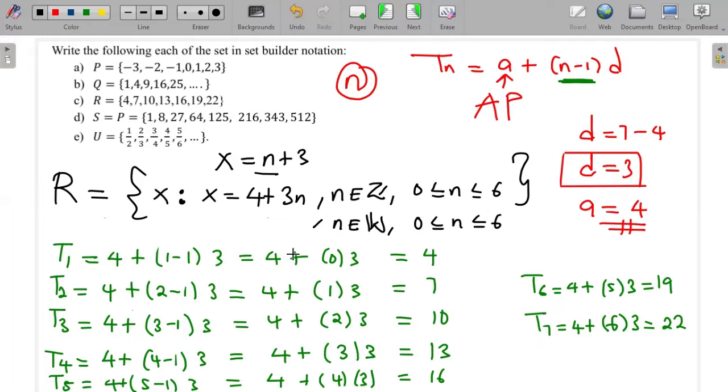Okay, my question is on that part where you said n is a member of the set of integers. Where did those integers come from? Okay, the integers are coming from what was happening in the brackets. Let me highlight them.